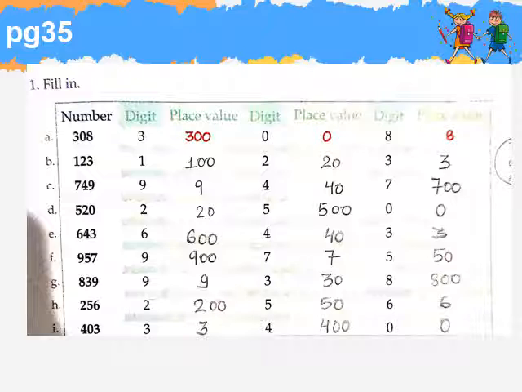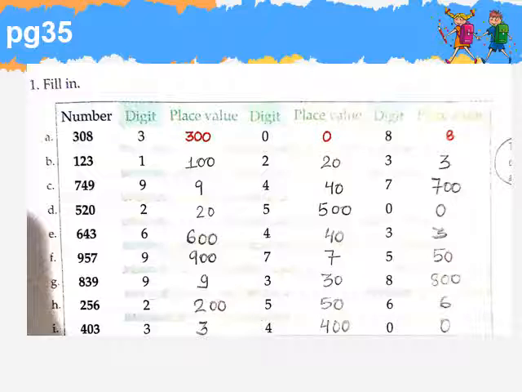Now children, the next digit is 5. So its place value is 50. Now children, the next digit is 6 and it is at ones place. So its place value is 6.